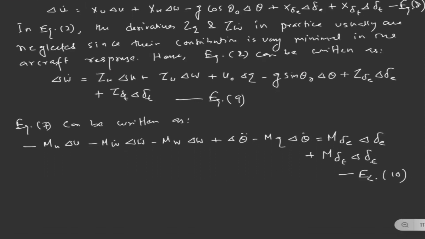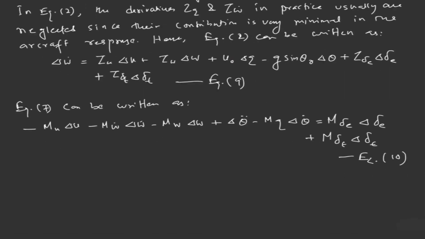And also we know that the rate of change of angle theta is equal to delta q. So again, by using this, we can write delta q dot equal to delta theta dot.